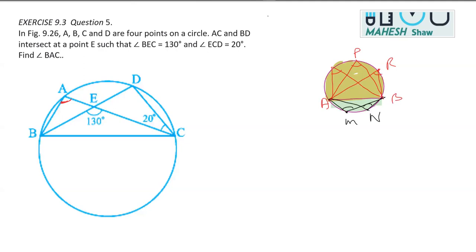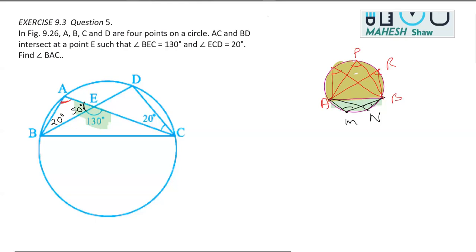Therefore, this angle will also be 20 degrees. Further, this is forming a linear pair. That means the sum of all angles on a straight line is 180 degrees. So if this is 130, then this angle, that is angle AEB, should be 180 minus 130. That comes out to be 50 degrees.